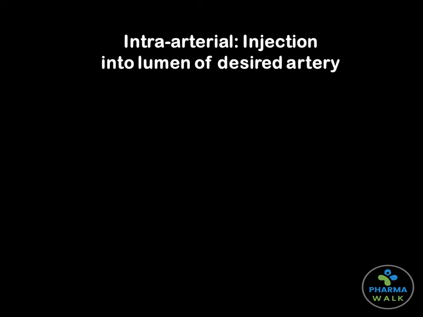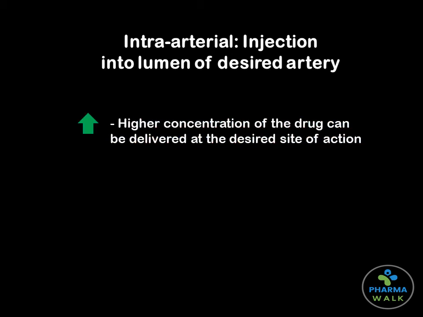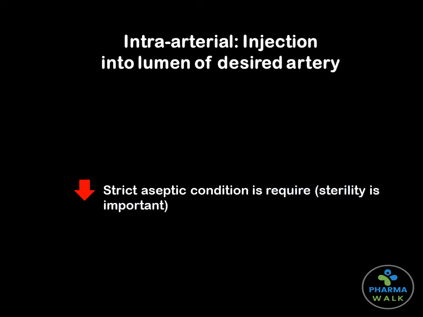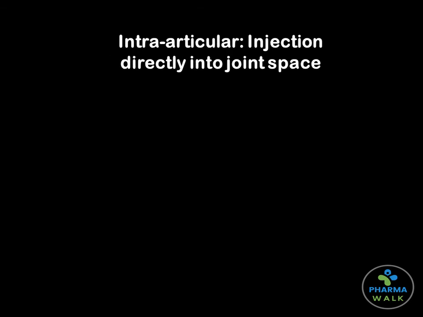Next, intra-arterial: injection into the lumen of the desired artery, which is also a type of blood vessel. Merits: higher concentration of drug can be delivered at the desired site of action. Demerits: same strict aseptic condition, sterility is very much important, and it's a painful administration.